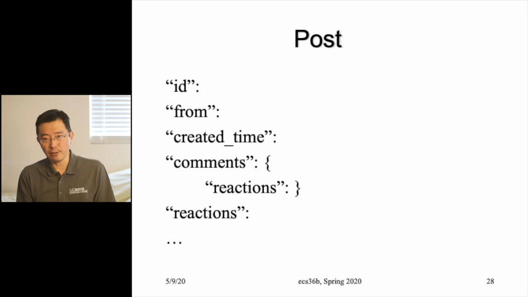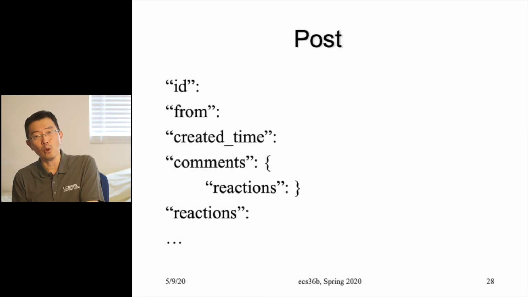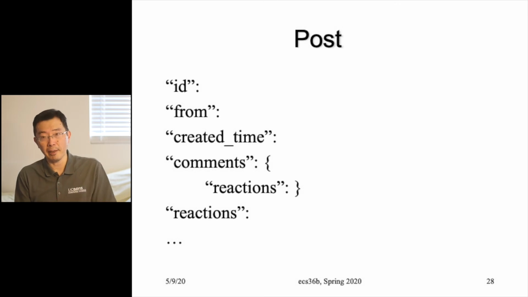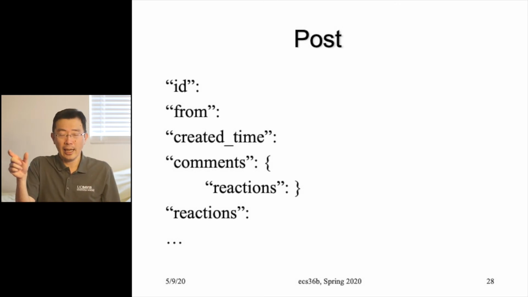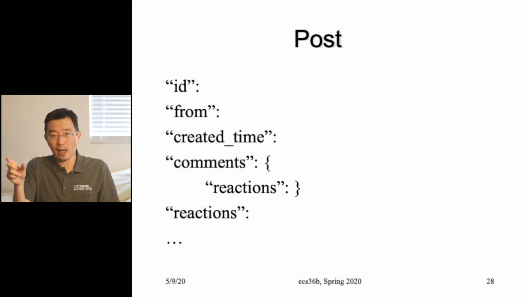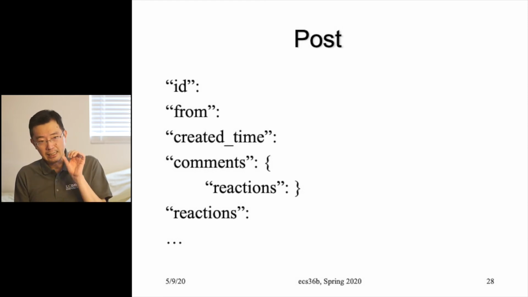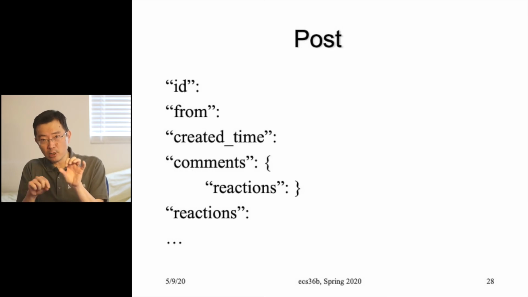We have reactions. And under comments, we have more reactions, because you could click like on the post, but you can also click like on the comment. But they are separate objects. They're not just objects, they're arrays, arrays of objects. For example, comments are typically an array of individual comments.